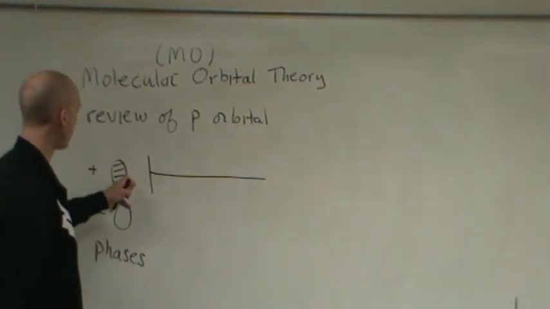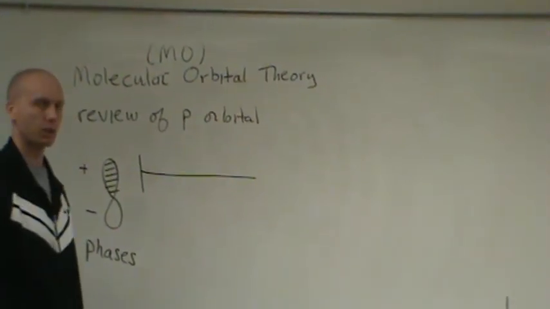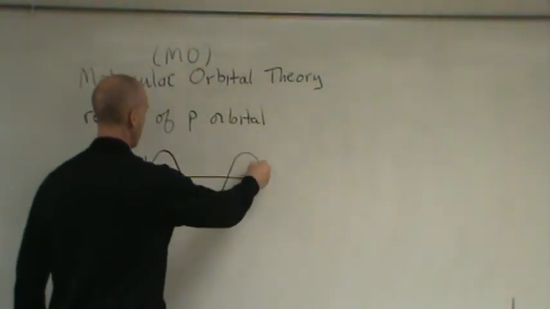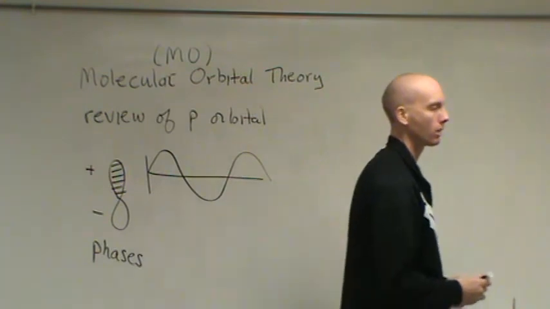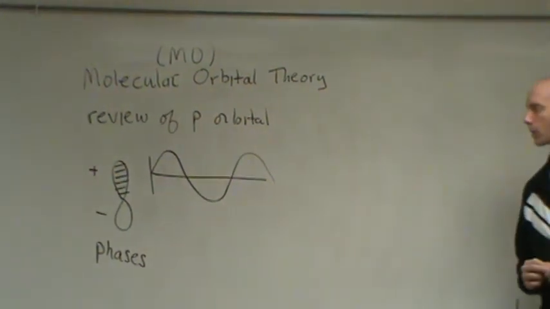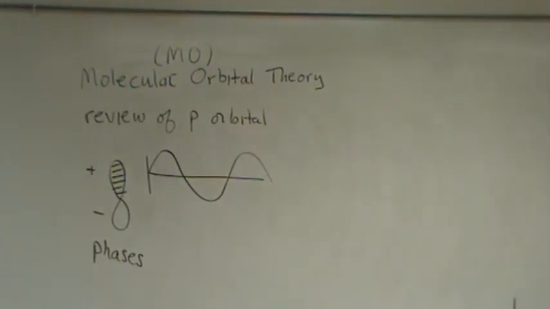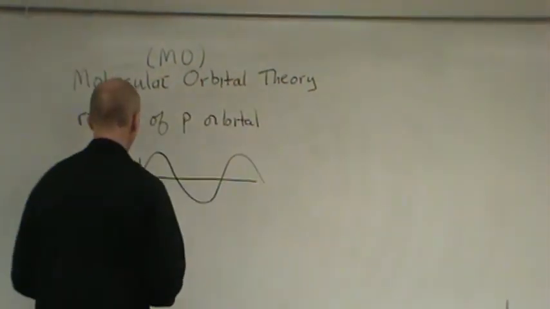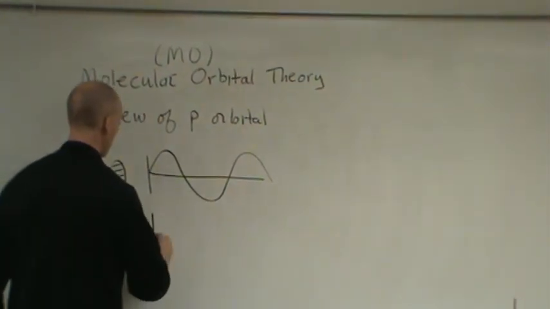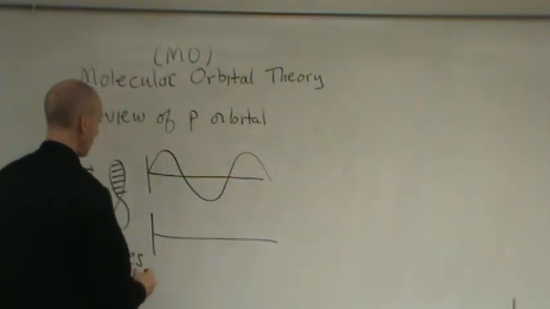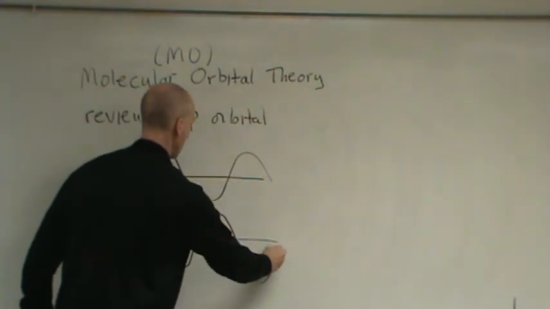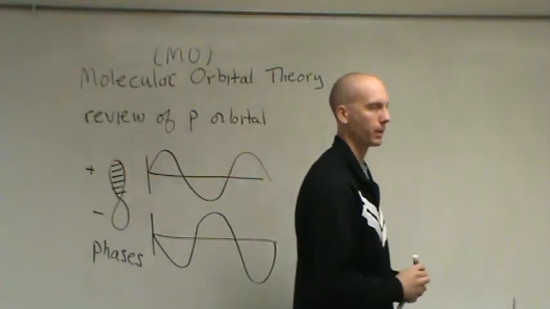If I draw a positive phase, we can picture the electron maybe moving in a wave, something like that. Whereas in the negative phase down here, the electron would be traveling something like that.